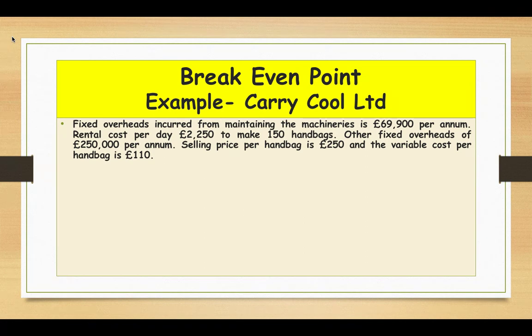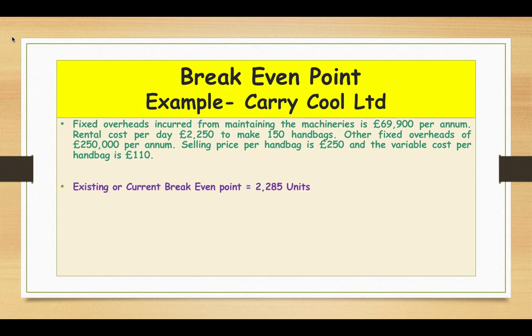So this rental cost is becoming a variable cost after the change in policy. Other fixed cost of 250,000 per annum is going to stay the same. And they have given the selling price per handbag and the variable cost per handbag is also given.